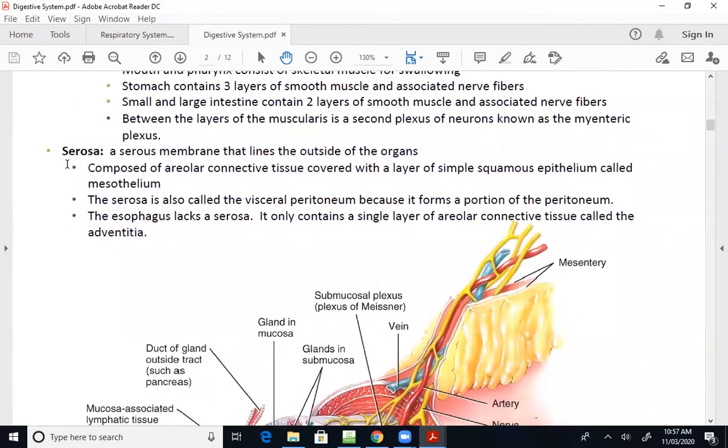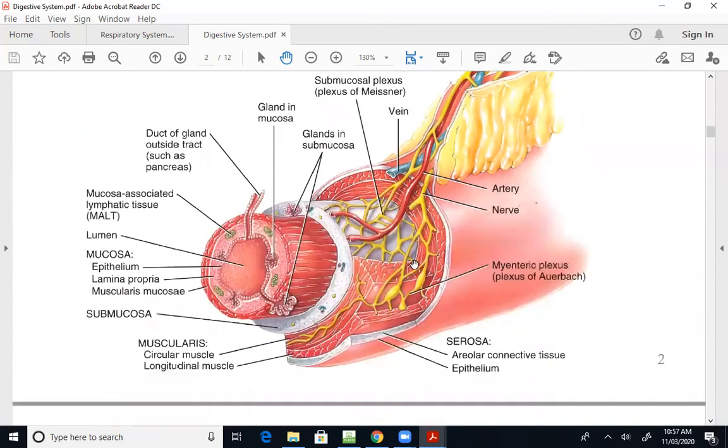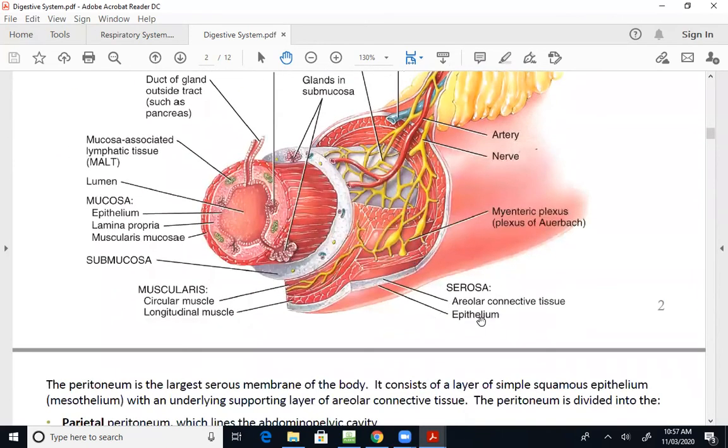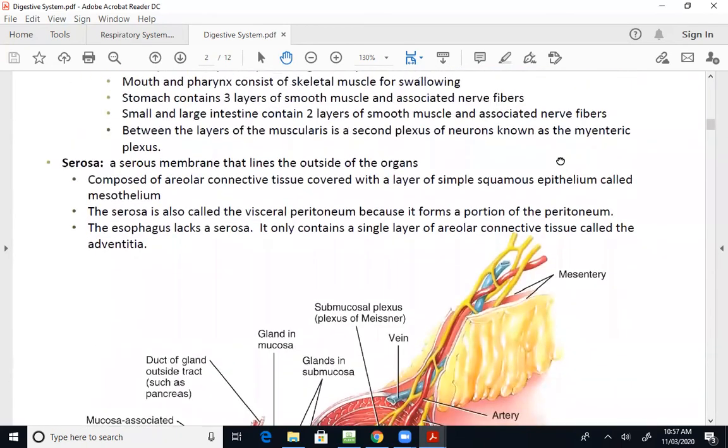And then finally, the serosa is the outermost. It's a serous membrane, just like the serous membrane that we just talked about around our lungs, composed of areolar connective tissue with a layer of simple squamous epithelium called mesothelium, which you can see, areolar connective tissue, epithelium surrounding it.